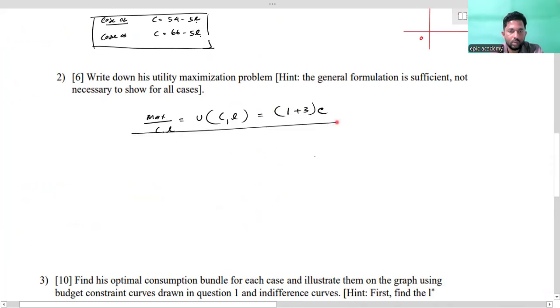But we have to identify how they can maximize their satisfaction subject to 3 constraints.